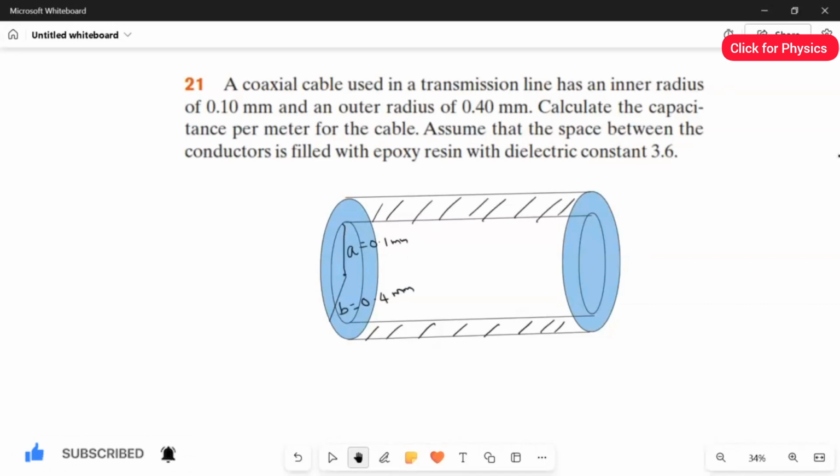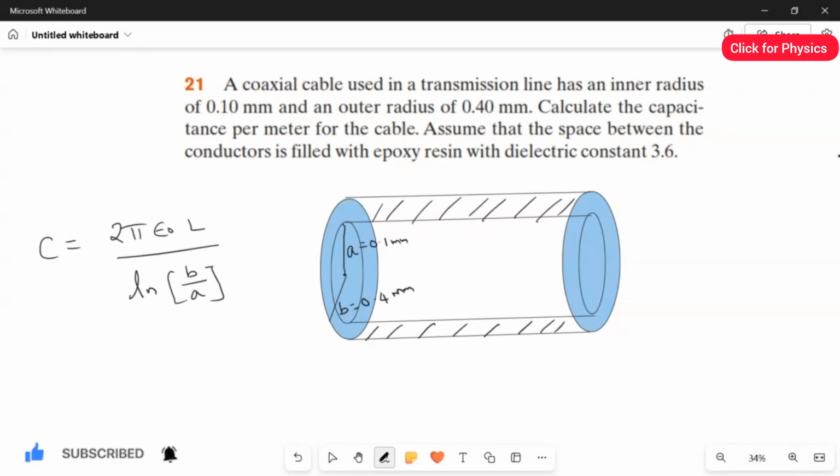Before that, we have to write the formula for a cylindrical capacitor. If you see the coaxial cable, it looks like a cylinder. As we already studied, the formula for the cylindrical capacitor is C equals 2 pi epsilon naught L divided by the natural log of outer radius divided by inner radius.